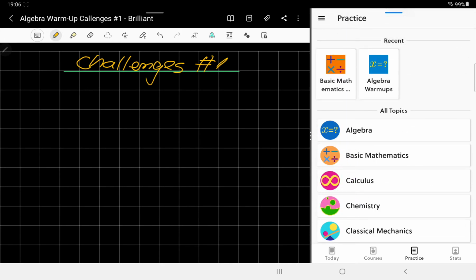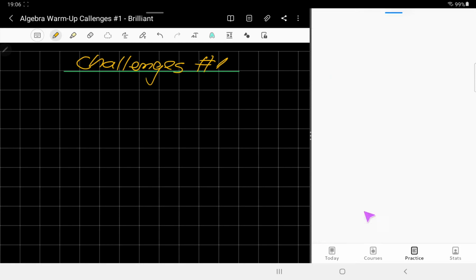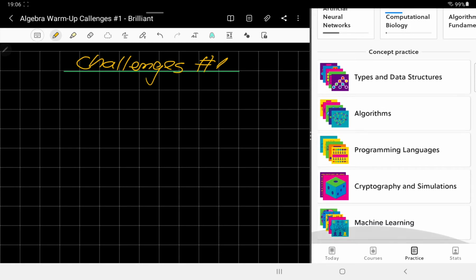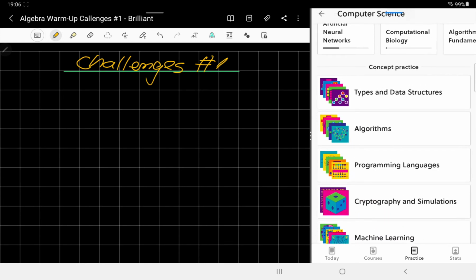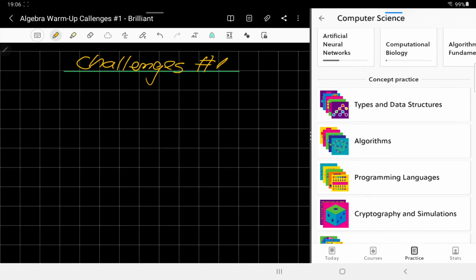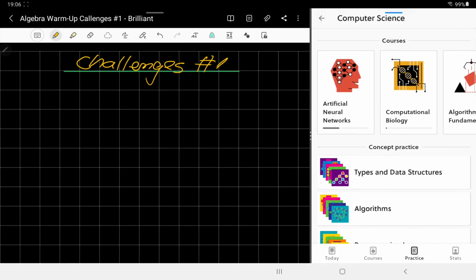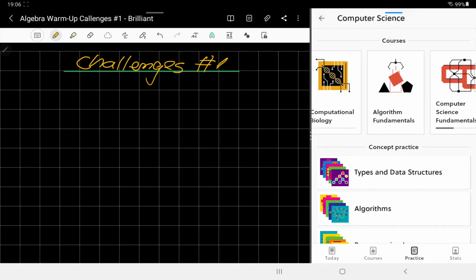We'll be looking into computer science, into the machine learning section at some point as well, maybe into programming languages as well, because there are probably very interesting exercises.